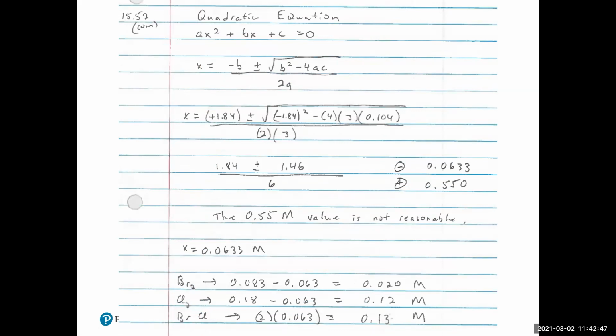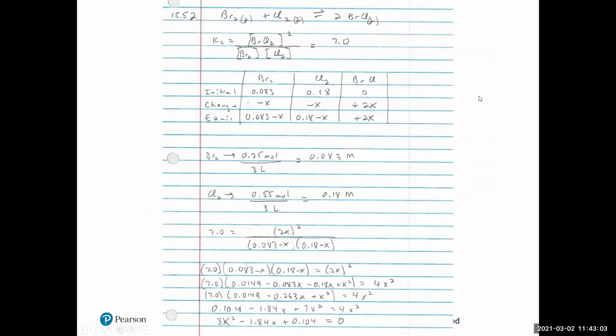Okay, so just to remind everyone, to use the quadratic equation, we said we wanted to have that ax squared plus bx plus c equals 0. We wanted that format, and that's what we see at the bottom of the page there.